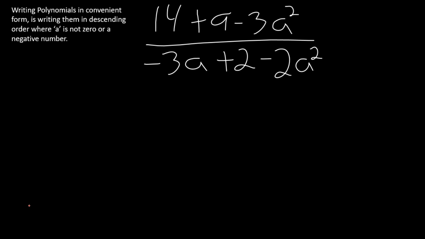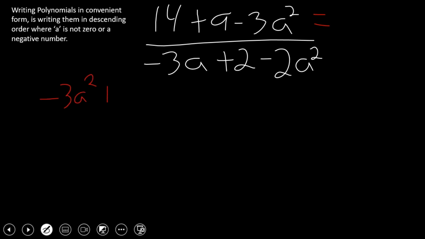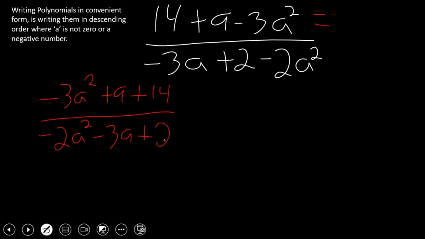So what we're going to do is we're going to move the top one around first. And so we're going to rewrite it: negative 3a squared plus a plus 14. Okay. And then the bottom one, negative 2a squared minus 3a plus 2.